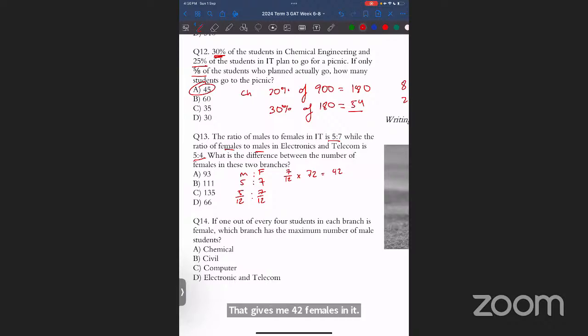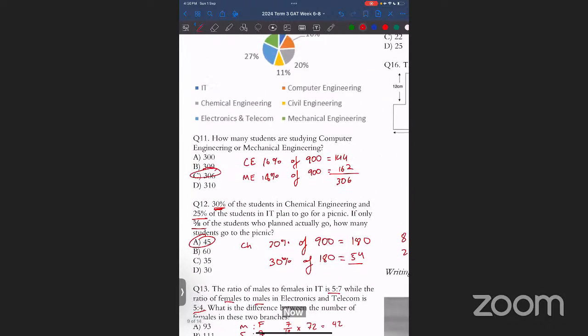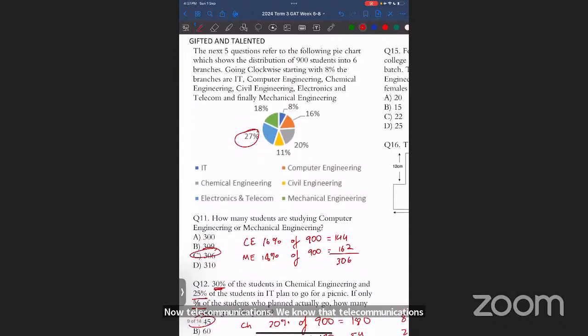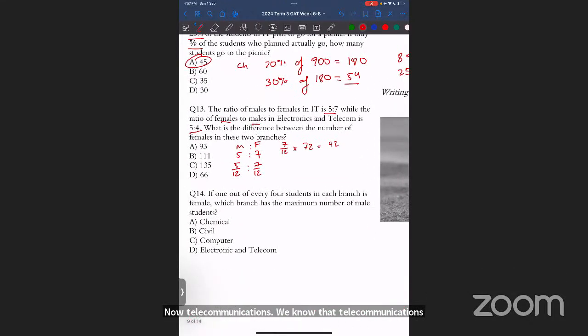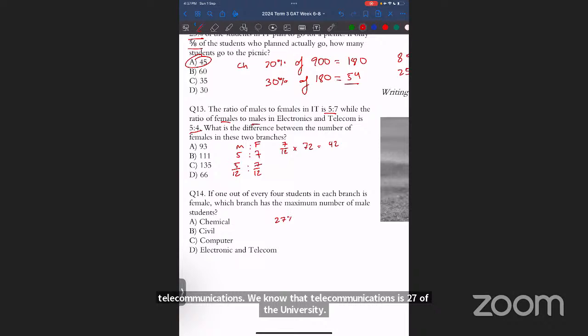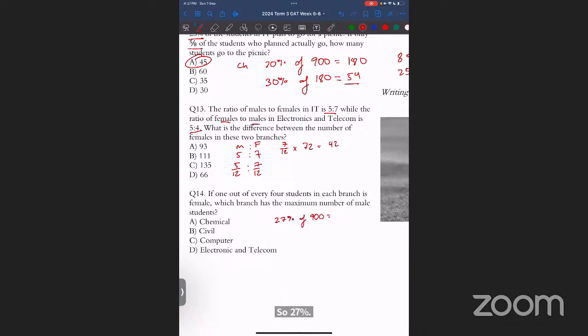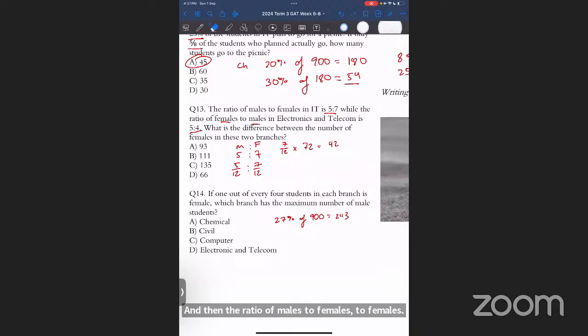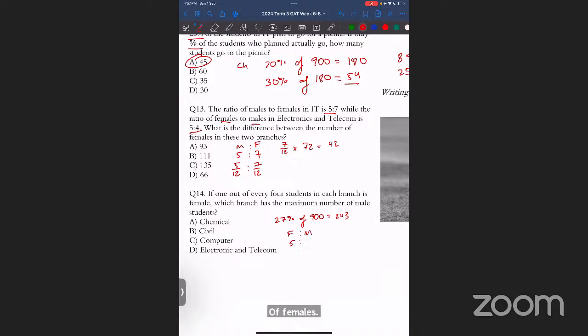Now, telecommunications, we know that telecommunications is 27% of the university. So 27% of 900 is equal to 243. And then the ratio of males to females, the other way around, you have to be careful, of females to males is 5 to 4.